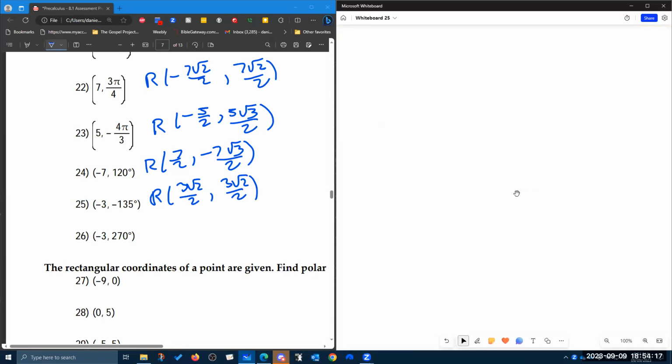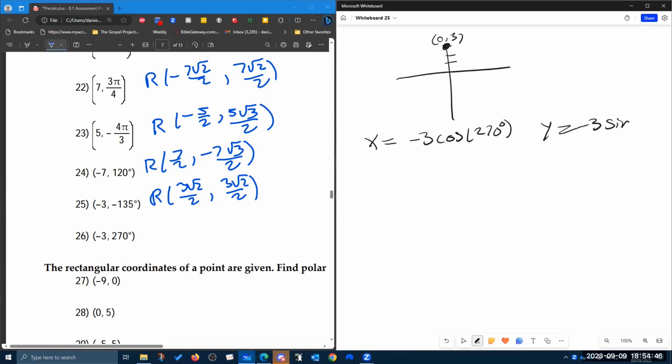Last one here, if I go 270 degrees, but I walk backwards, I'm at 90 degrees. So I'm up here at the point 0, 3. Let's go ahead and figure that out with x equals r cosine theta, y equals r sine theta.